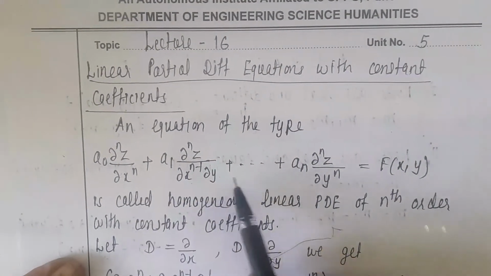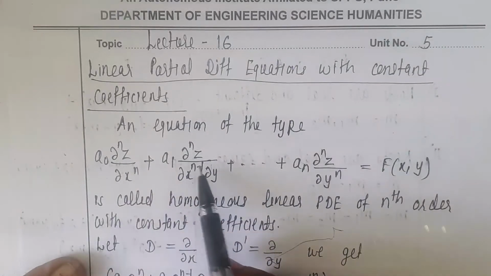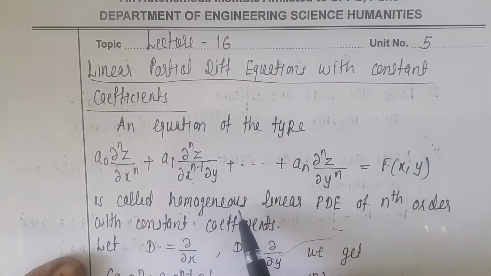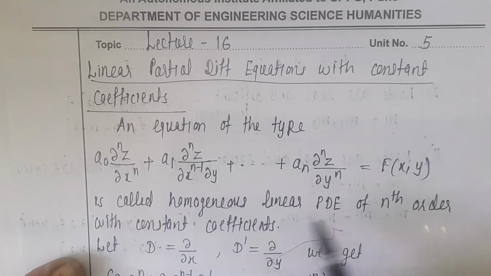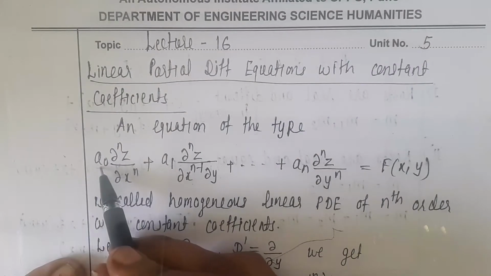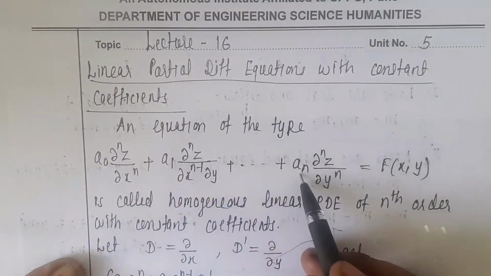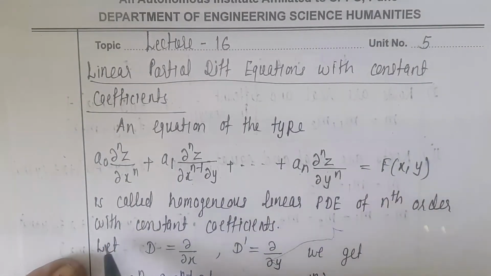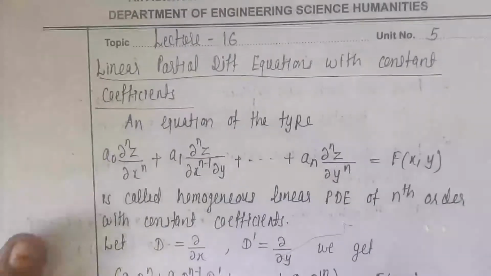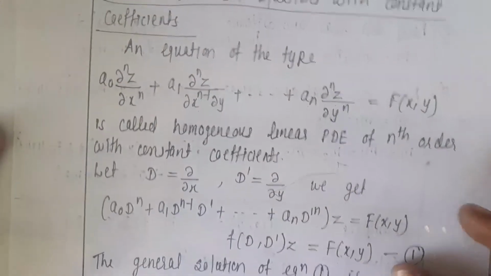So each and every term is nth order and all are of same order, that's why it is called as homogeneous linear partial differential equation of nth order with constant coefficient. Means this a0, a1, a2 up to an all are constant, that's why this is a differential equation with constant coefficient. Now how to solve such type of differential equation?